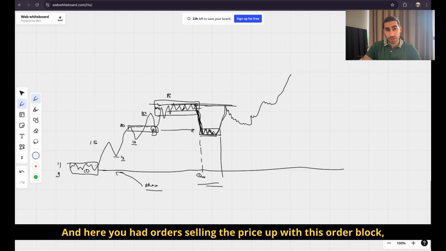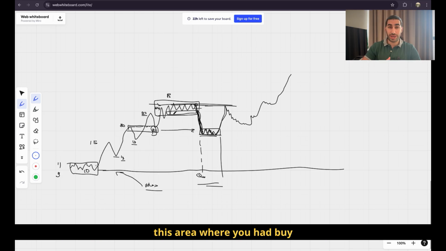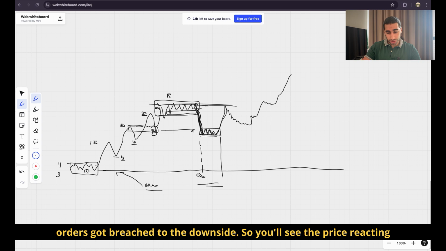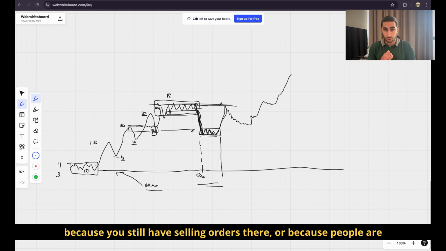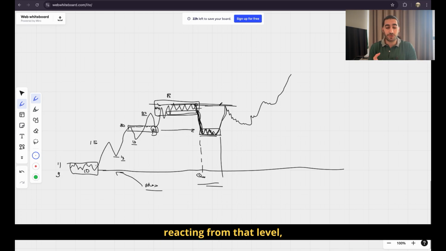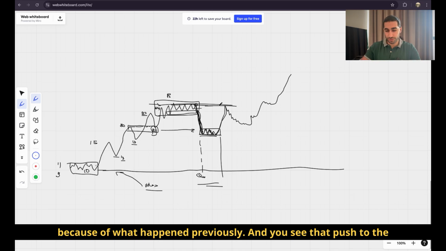But this order block, this area where you had buy orders, got breached to the downside. So you'll see the price reacting from these levels, either because you still have selling orders there, or because people are reacting from that level because of what happened previously. And you see that push to the downside.